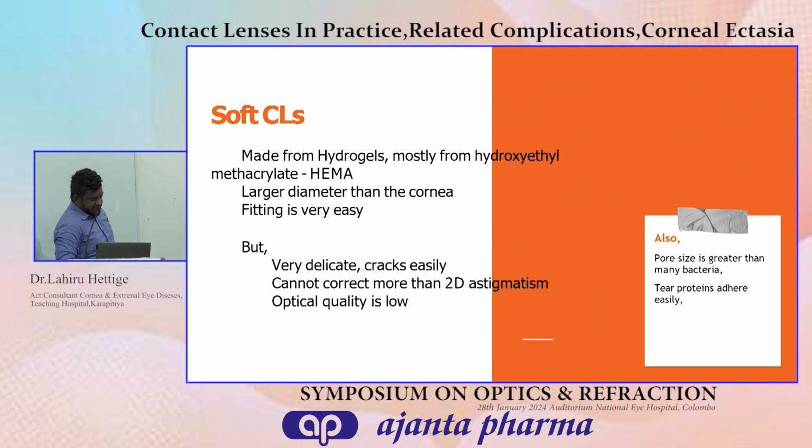Soft contact lenses are in turn made from hydrogels, and fitting is really easy, but it's very delicate, and it could rupture very easily, it cracks easily. And usually it's not used in high astigmatism.